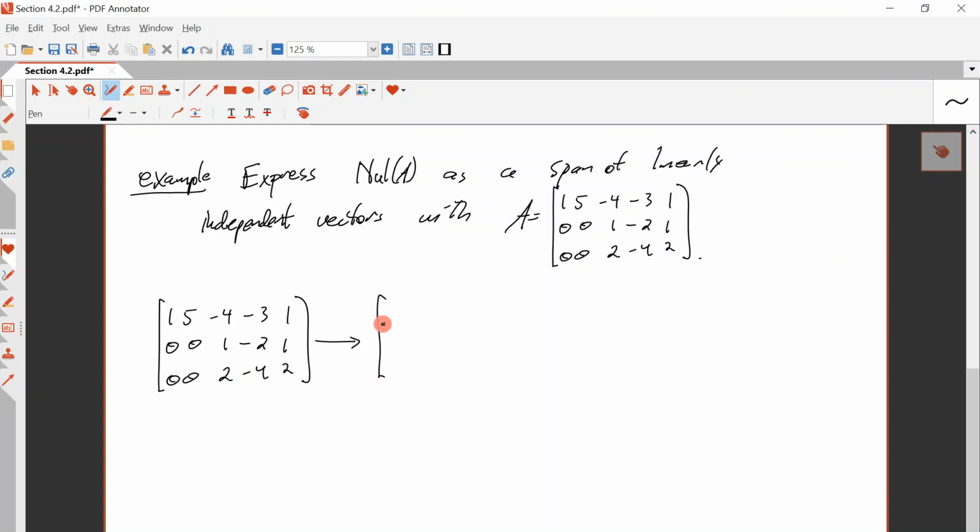So first I'm going to subtract row 2 from row 3 twice. Row 2 is 0, 0, 1, negative 2, 1, and this gives me 0, 0, 0. Then I'm going to add row 2 to row 1 4 times: 1, 5, 0, negative 8 minus 3 is negative 11, and 1 plus 4 is 5.